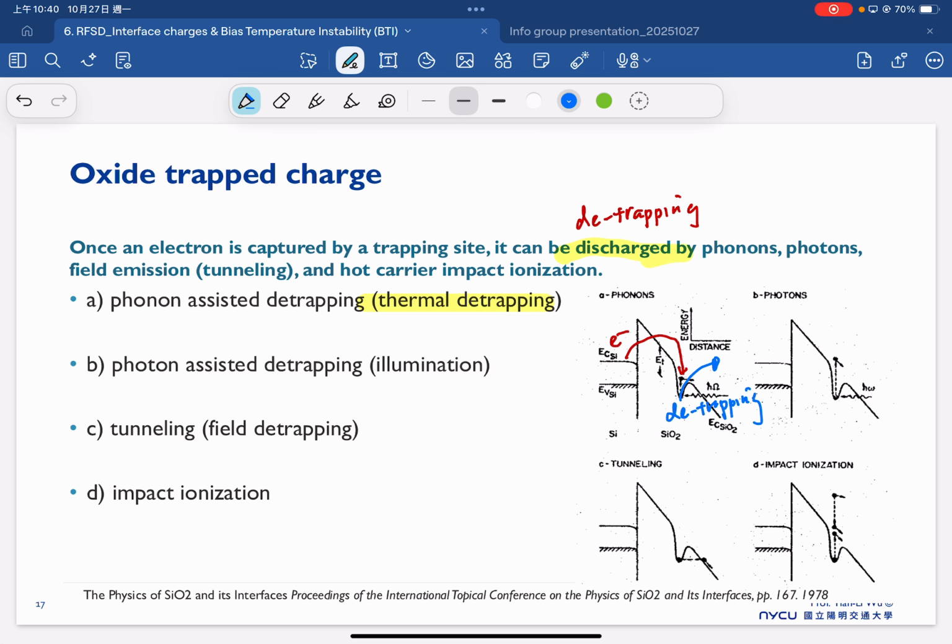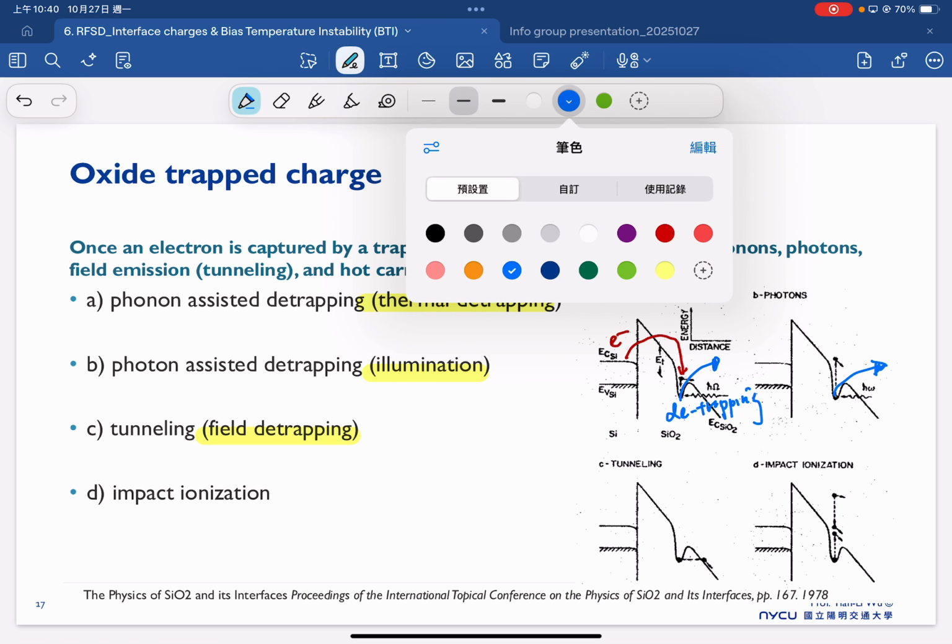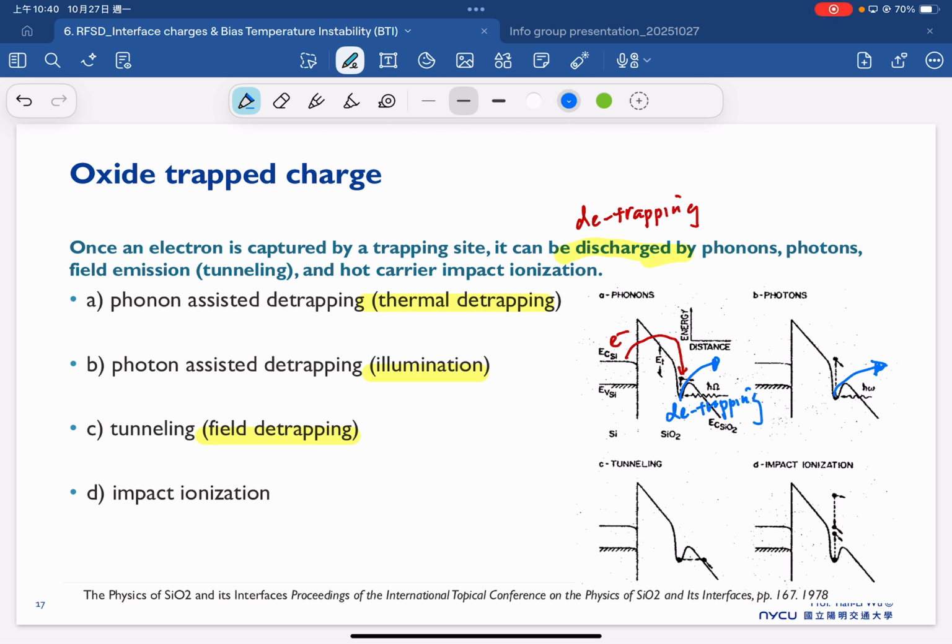And also, we might have photon-assisted detrapping, which uses light, using illumination to help the detrapping effect. And also, we might have field detrapping. This is because we apply an additional field to help lower this barrier, and that's called tunneling.